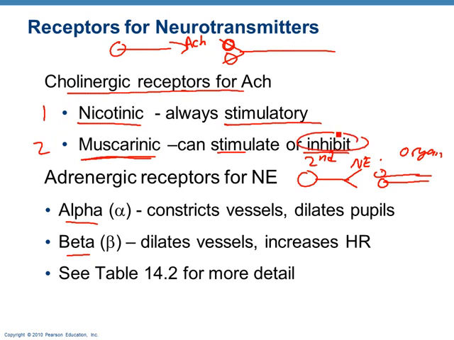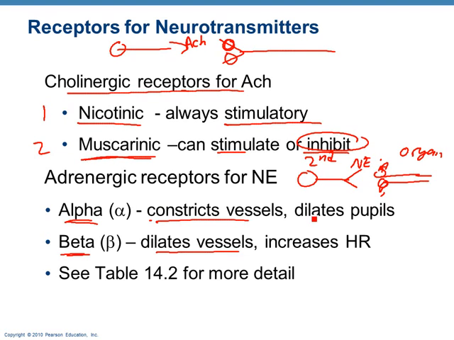So nicotinic's always stimulatory, muscarinic can be both, usually inhibitory. Adrenergic receptors can be either alpha or beta, so you may have an alpha one or a beta one. Alpha ones tend to constrict vessels, and beta ones tend to dilate vessels.